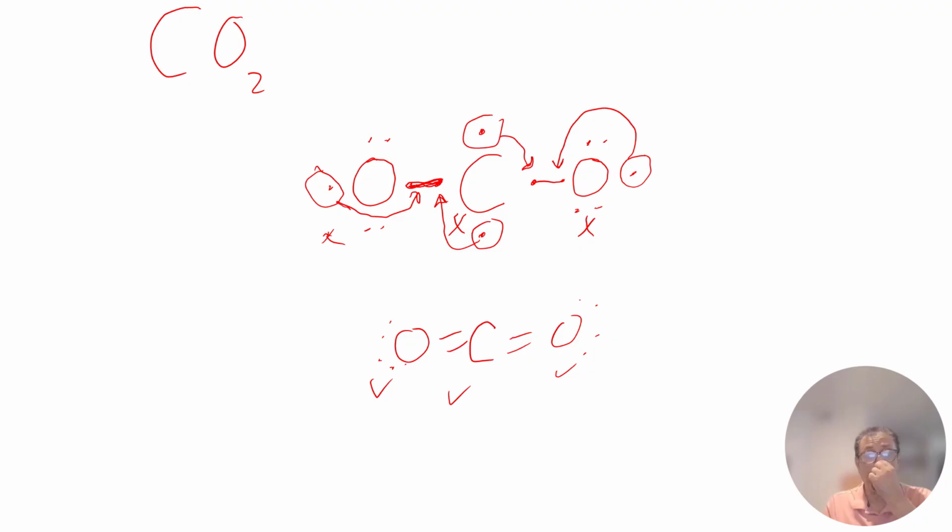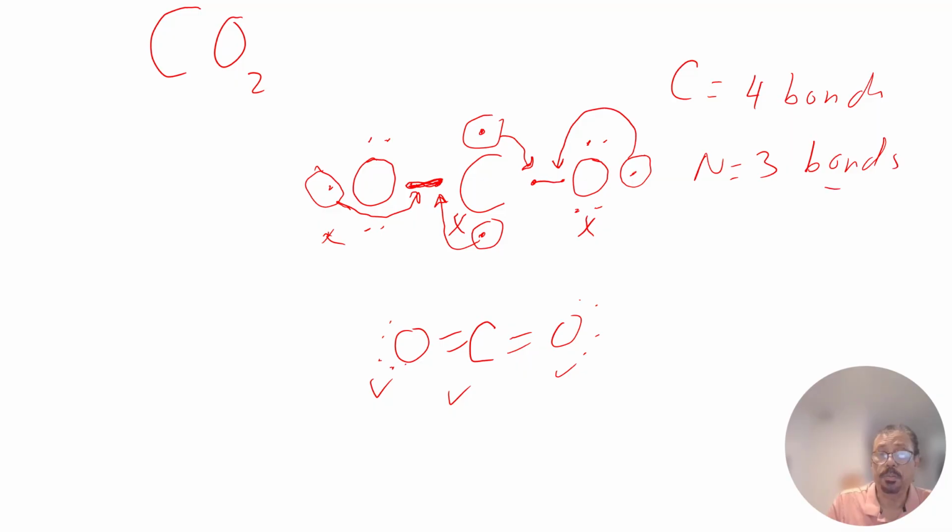By the way, carbon makes 4 bonds. Nitrogen makes 3 bonds plus 1 pair of electrons.